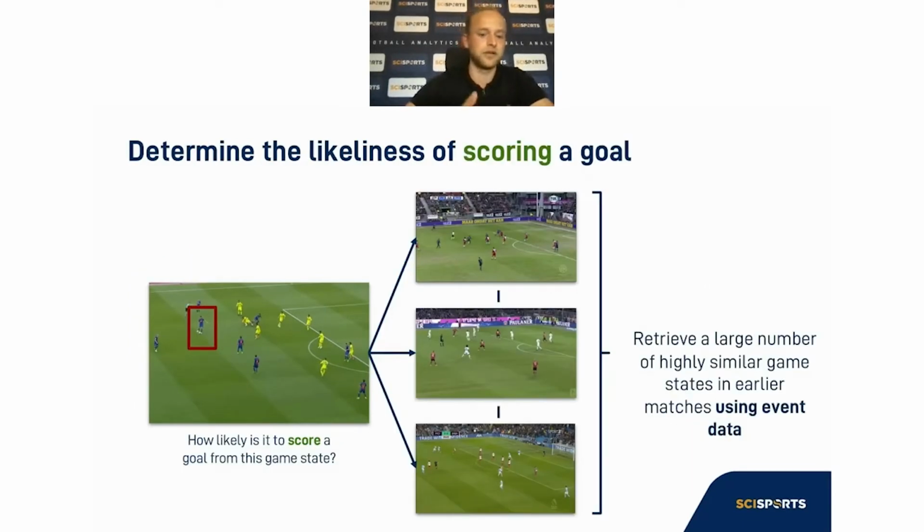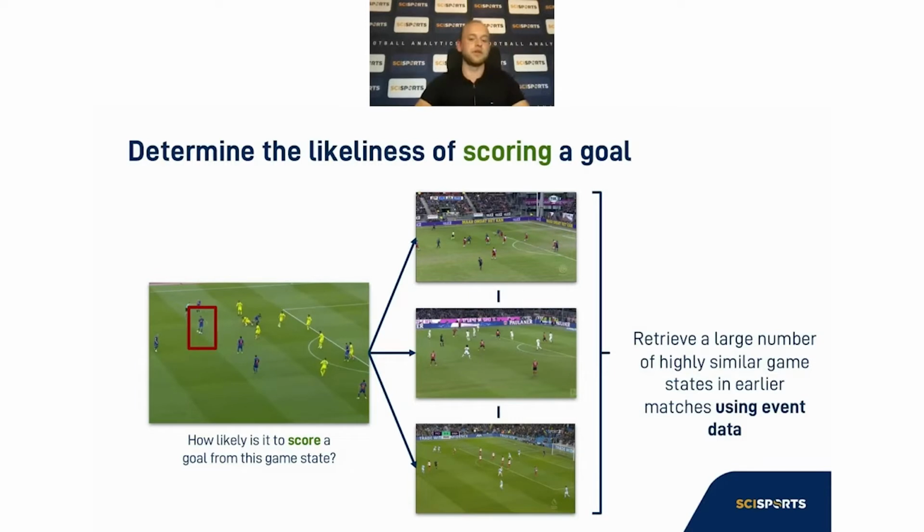But how do we do this? So at SciSports, a machine learning model has been developed, which is analyzing all previous similar events. As you can see on the left, you see the photo of Busquets playing the ball to Messi. Then on the right, you see three similar moments.